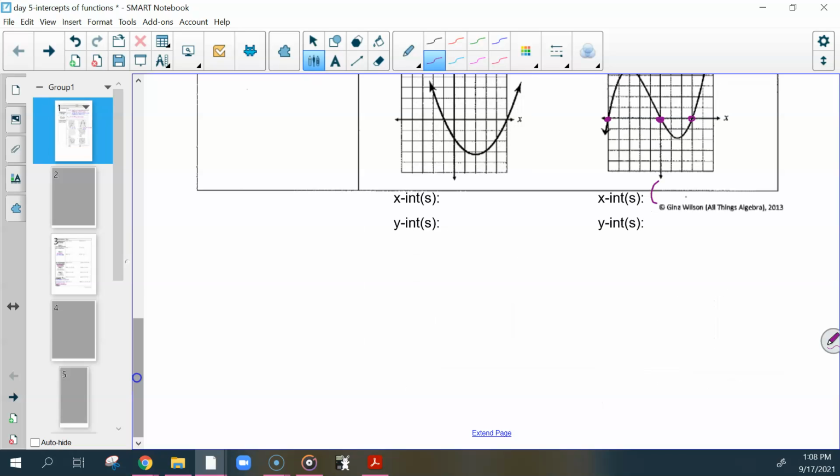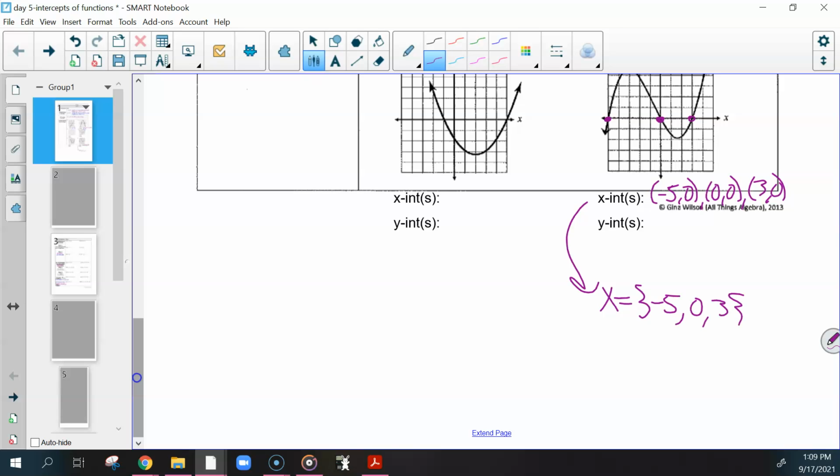So you can list them all out: negative 5, 0, 0, 0, 3, 0, or least to greatest, like this. And then our y-intercept is at 0. Sometimes those are the same.